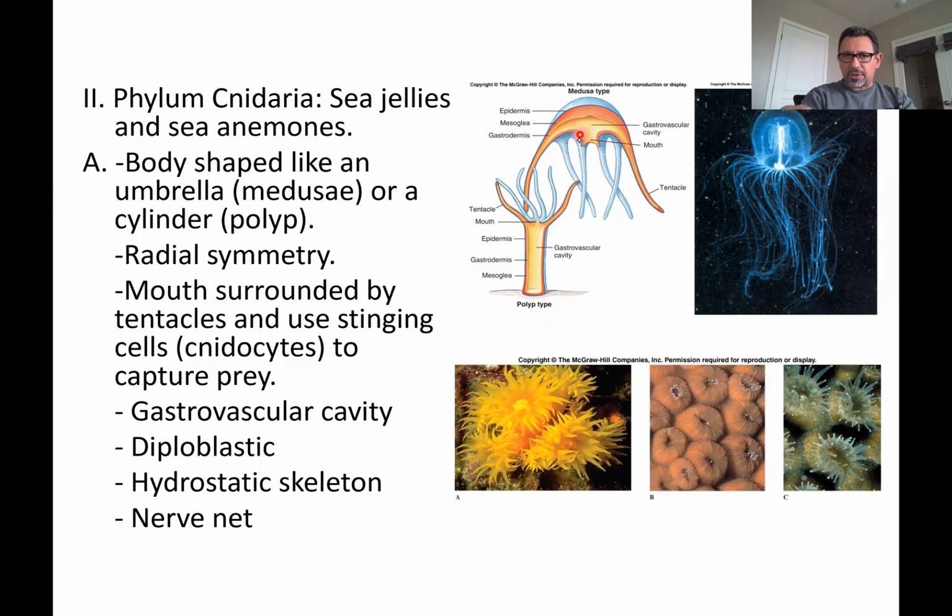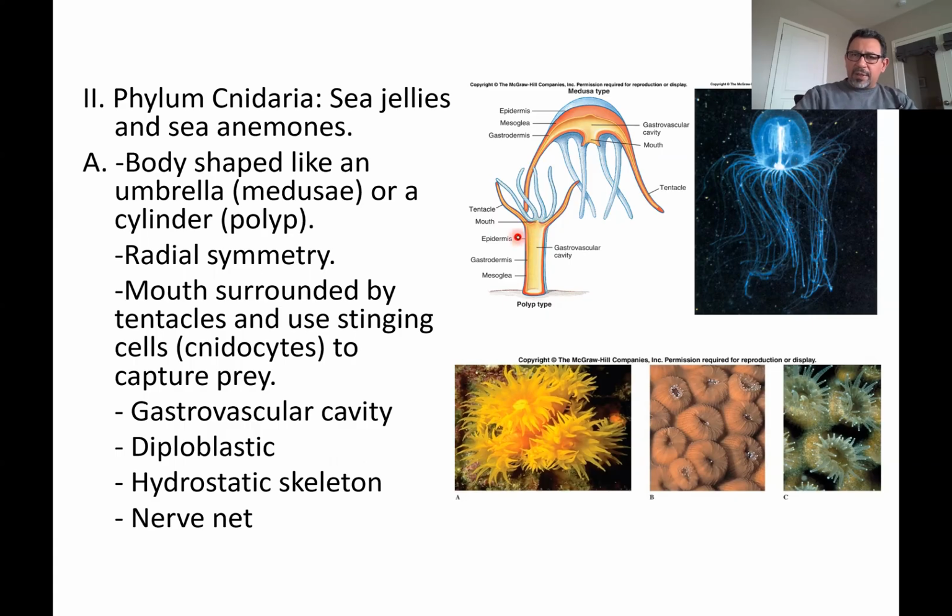Then contractions of this animal induced by contractile fibers and contractile cells in the mesoglea can put pressure on that water so that it is ejected out through the mouth, and something like a medusa can float away in that direction.